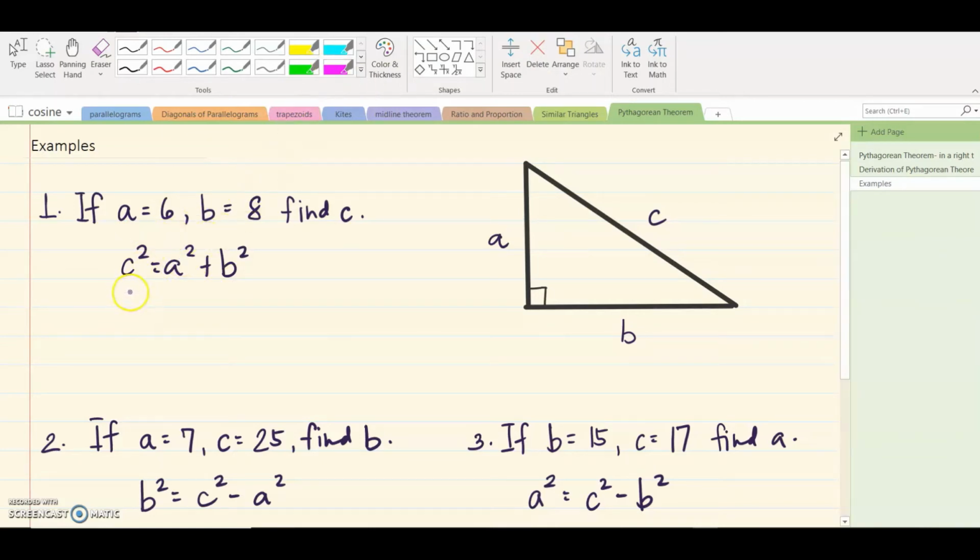So c squared equals, substituting the value of a, 6 squared plus b squared, that's 8 squared. 6 squared is 36 plus 8 squared is 64. So c squared is equal to 36 plus 64, 100, and then you take the square root of both sides. So c is equal to 10. The answer there is 10.